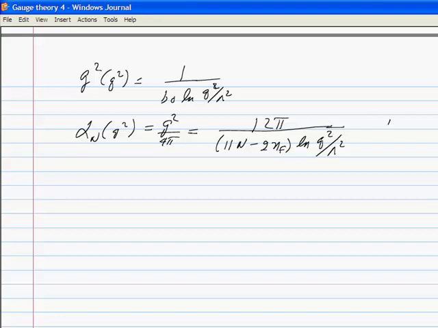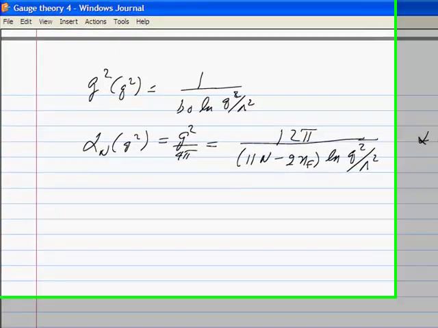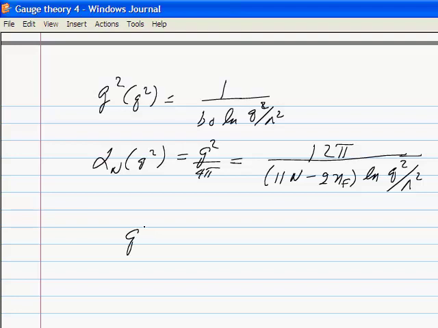Okay, there's your classic running coupling constant that falls like 1 over log q squared. So q squared gets bigger, alpha gets smaller.